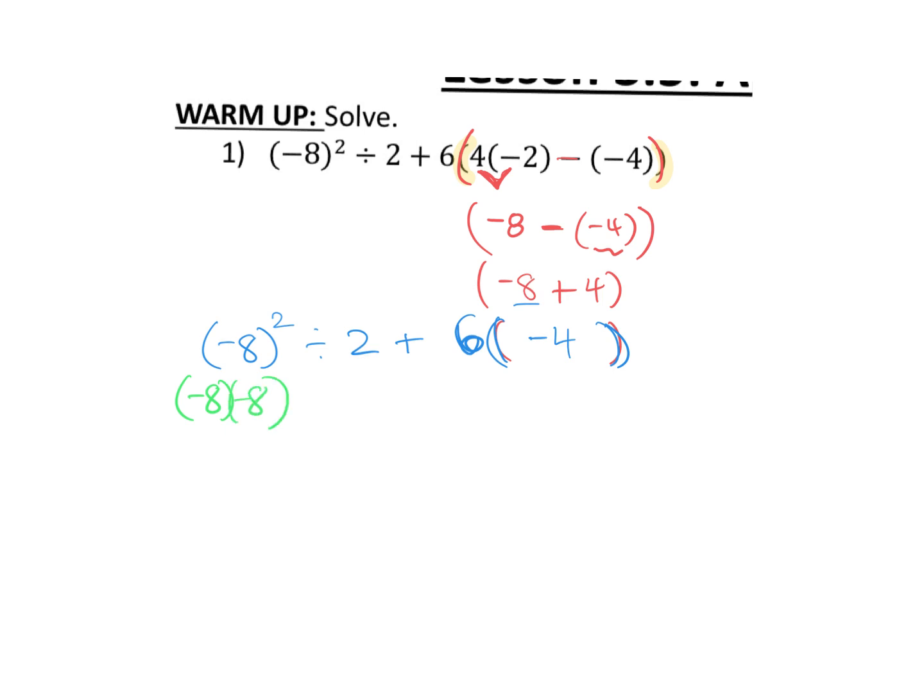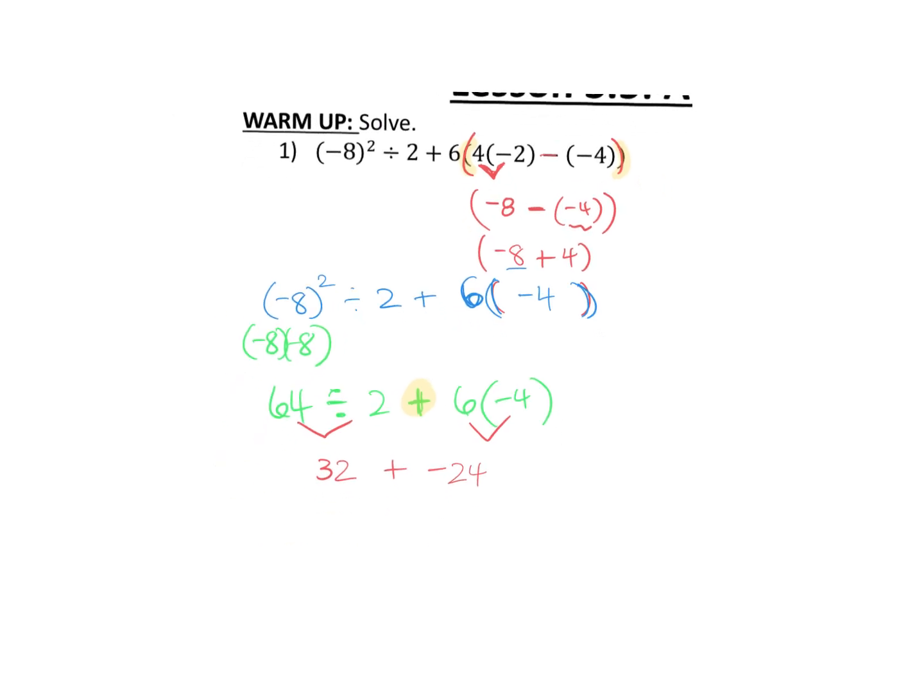A negative times a negative is a positive 64 divided by 2 plus 6 times -4. All right, finally, I need to do my dividing and my multiplying comes next. So save that adding till later. Sometimes I like to kind of highlight that to remind myself, like, don't do that till the end. So 64 split in half is 32 plus 6 times 4 is -24.